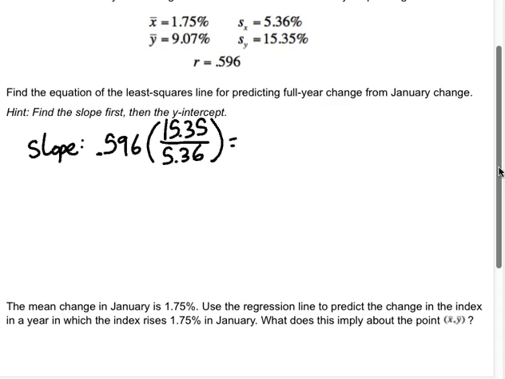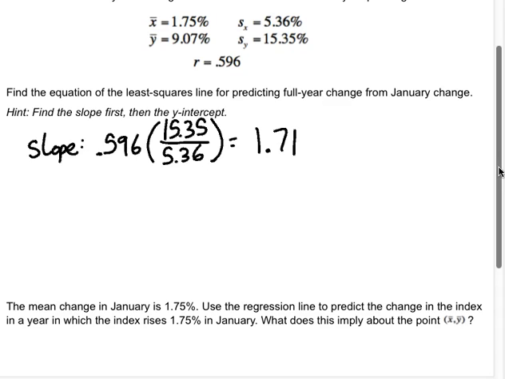Okay, so it just gives you a formula that you just have to know how to plug into. Okay, so 0.596 times 15.35 divided by 5.36. And that is roughly going to give you 1.71 for your slope.